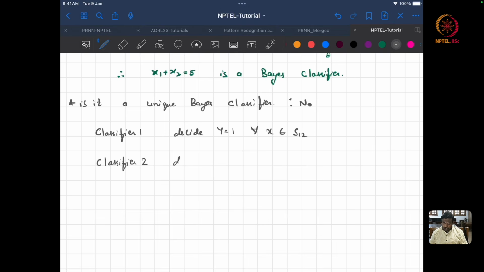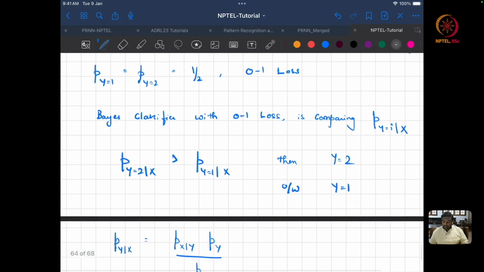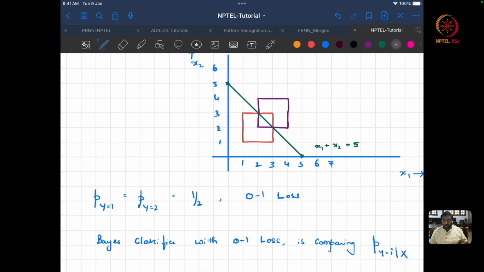Classifier 2: decide y is equal to 2 for all x belonging to the intersection region. Then also it will be the same value for the risk. Therefore, it is evident that x1 plus x2 equals 5, the line that we have considered, is a Bayes classifier, but not a unique Bayes classifier.